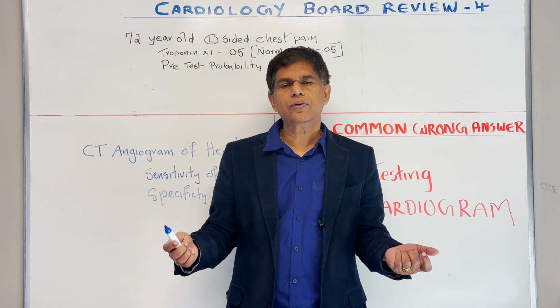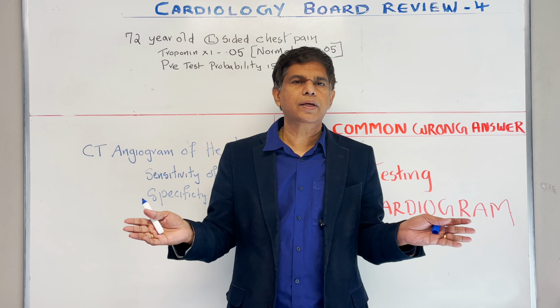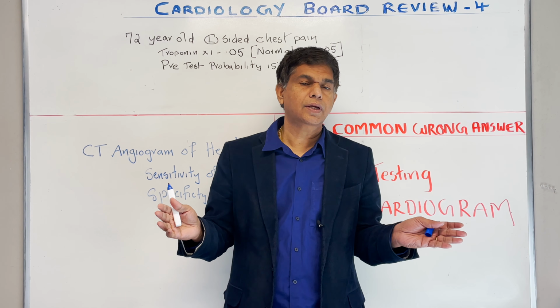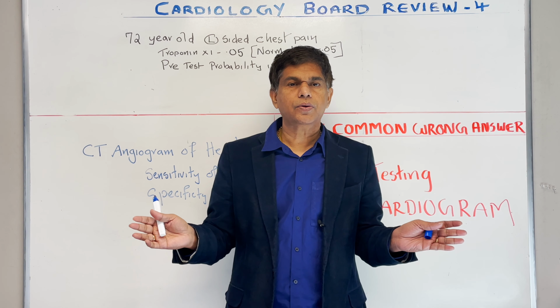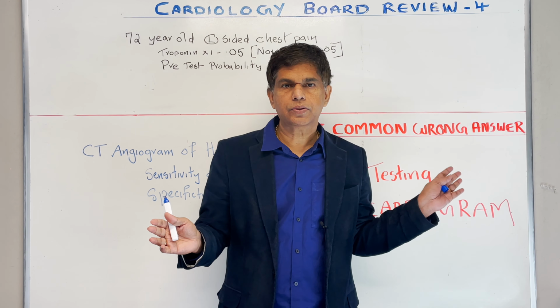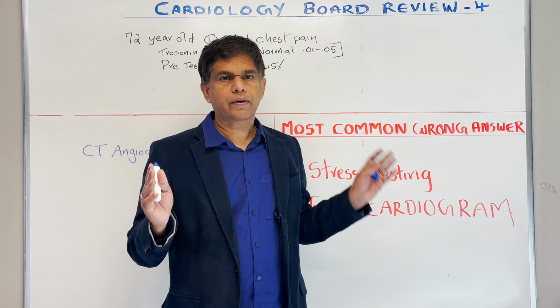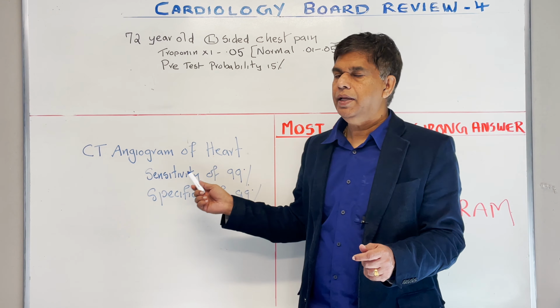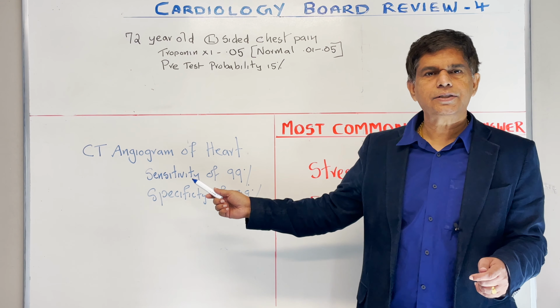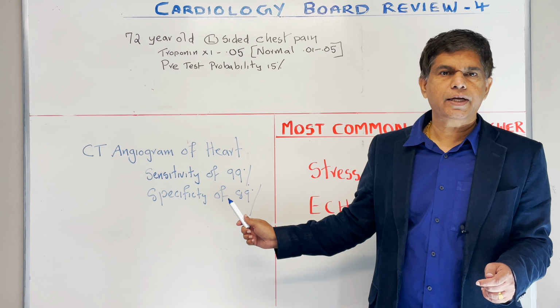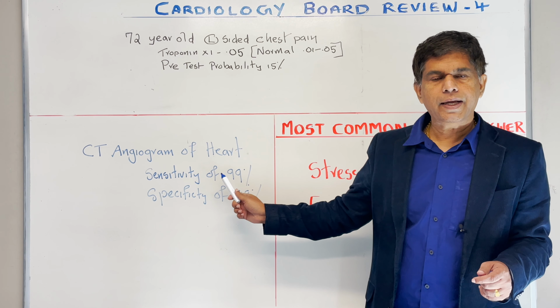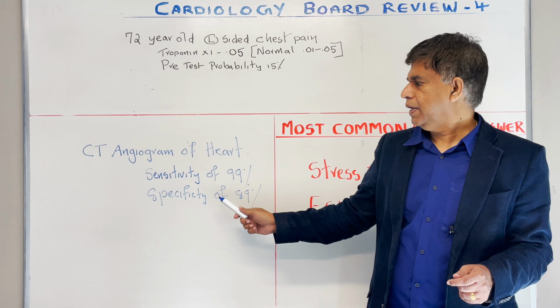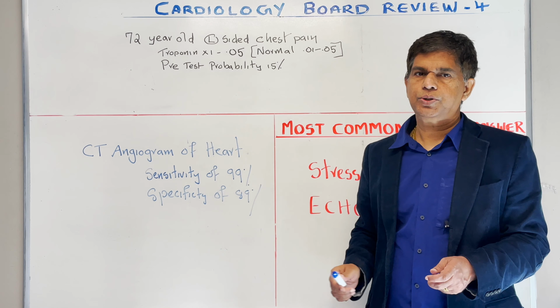If it's a regular echocardiogram, it's going to tell you only about structural defect, or unless some massive thing going on in the heart. So don't pick those answers, okay? So the correct answer is you pick CT angiogram, and I want you to know the sensitivity and specificity of the CT angiogram is 99% sensitive, and specificity is 89%, okay?